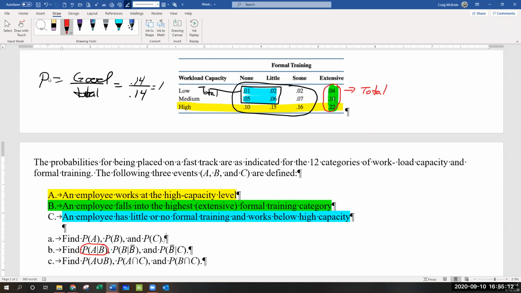Which ones are the good? Well, these are the only ones that are the good. And so we get 0.22 over 0.36. But in the case of the third one, we get all of it over all of it, and we're good to go. It's kind of like saying, what's the probability that you're a mammal given that you're a human being? You know what I'm saying? They're one and the same. Yeah. Okay.